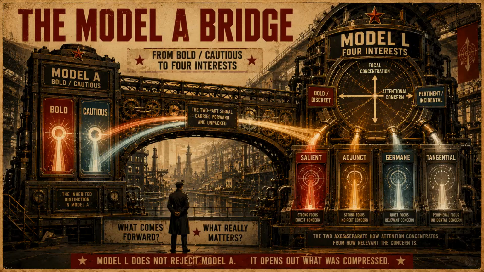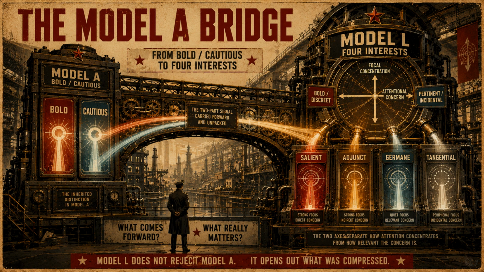The easiest way into this part of Model L is through the familiar Model A distinction between bold and cautious functions. In Model A, some functions are treated as bold. They come forward more readily, are easier to speak from, and are less hidden in the personality. Others are cautious. They are handled more carefully, more indirectly, or with less obvious confidence.